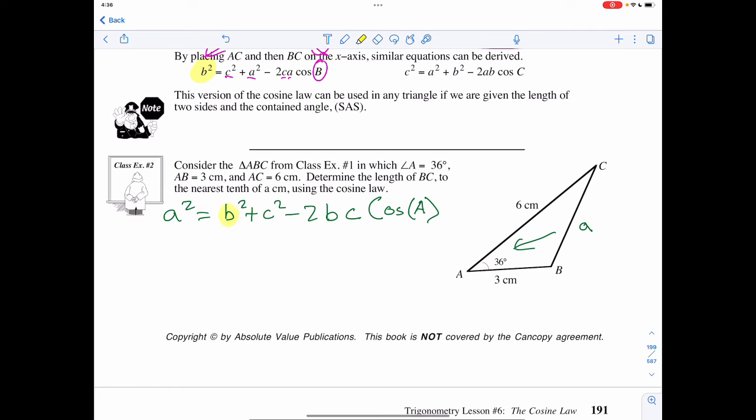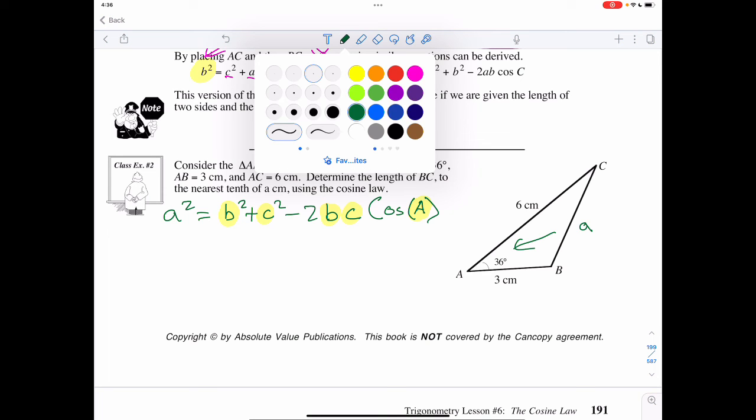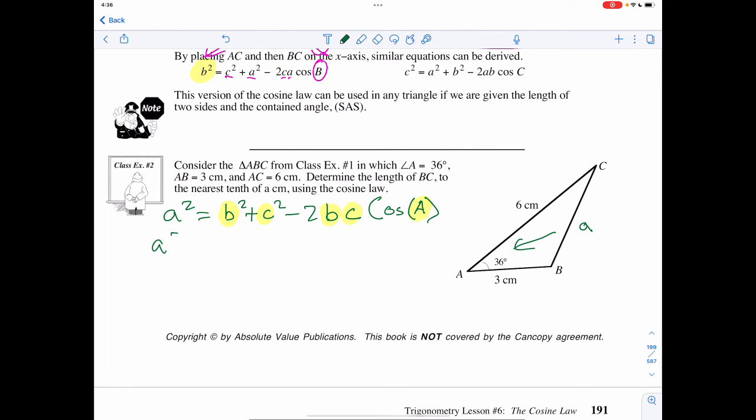And from there, I know what B is, I know what C is, and I know what angle A is. I can drop that information in and say that a squared is equal to 6 squared plus 3 squared minus 2 times 6 times 3 times cos of 36 degrees.